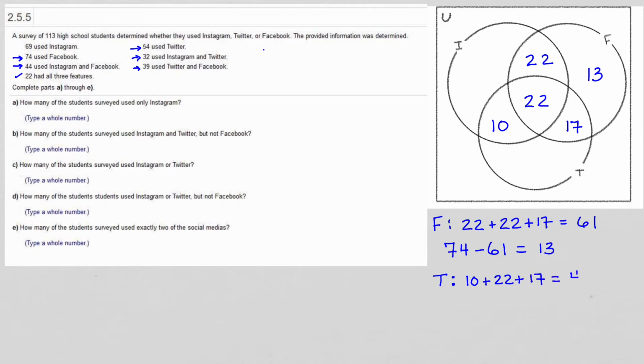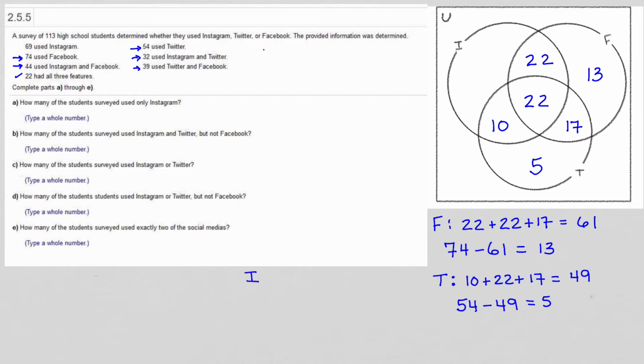And I have 49 total. So 54 minus 49 gives me 5. And that puts 5 in that area that is only Twitter.